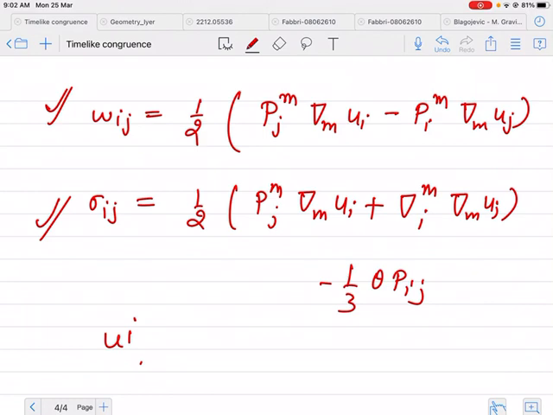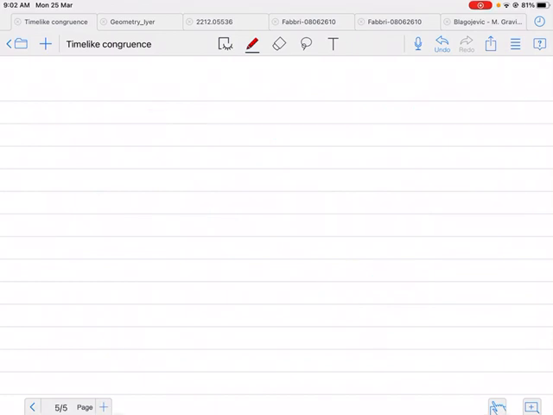The separation also has another useful feature, and that is the Frobenius theorem for any hypersurface orthogonal vector field. If the congruence is made of geodesics and u_i is hypersurface orthogonal, one can prove another useful result: whenever a geodesic congruence is hypersurface orthogonal, it must have omega_ab equal to 0.